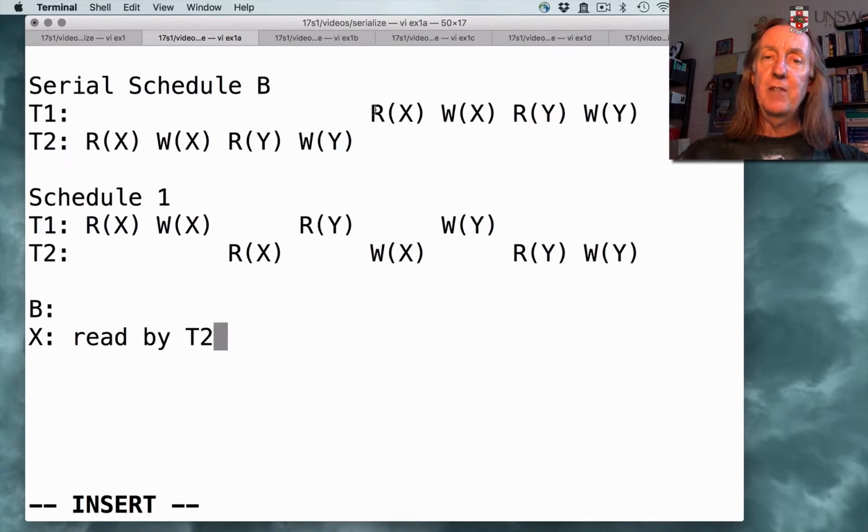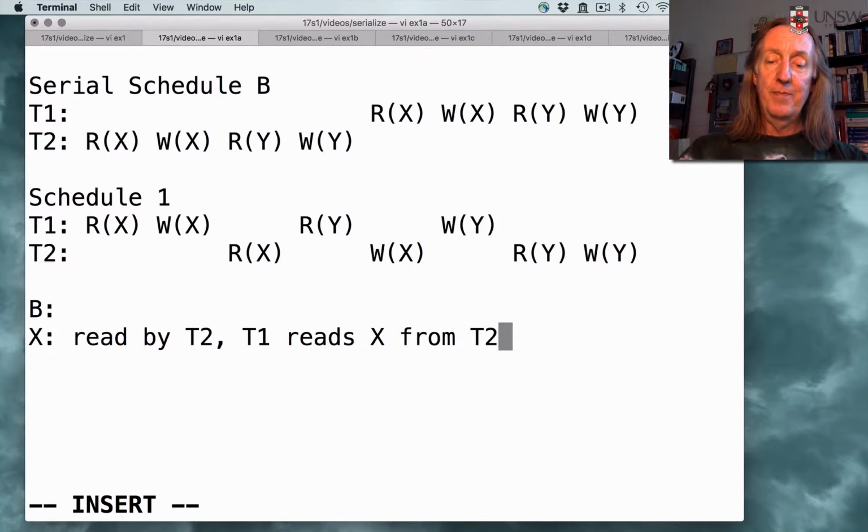There's another read of X. This is one of the intermediate reads of X, and in this case T1 reads the value of X from T2, and finally the final value of X is produced here, and that comes from T1.